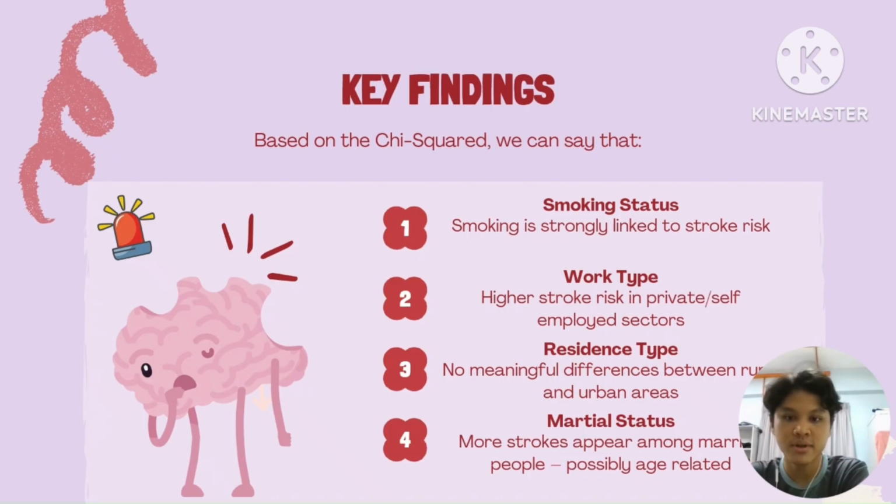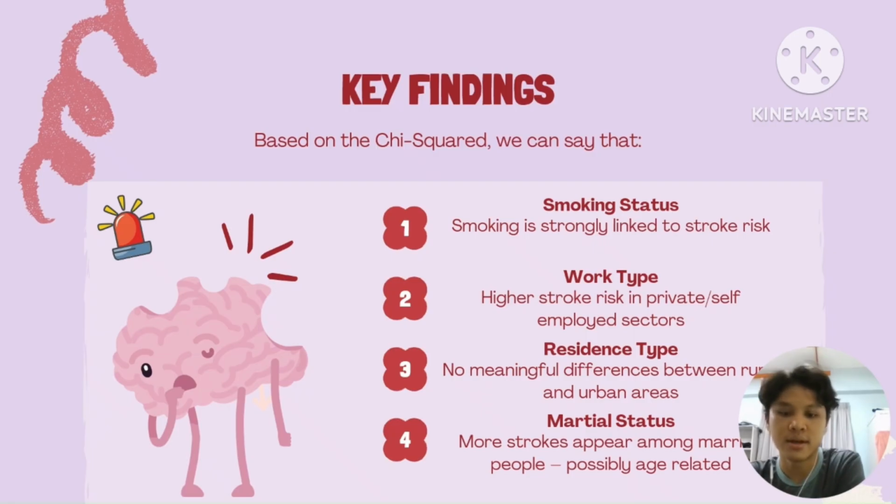Moving on to work type, it also shows a significant link, especially amongst those who work in private or self-employed sectors compared to those who work in government jobs or are unemployed. This could reflect differences in work stress, job security, and even healthcare access, suggesting that occupation-based health interventions may be needed to reduce stroke risk.